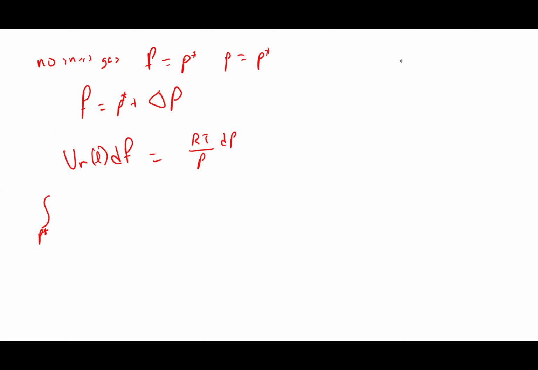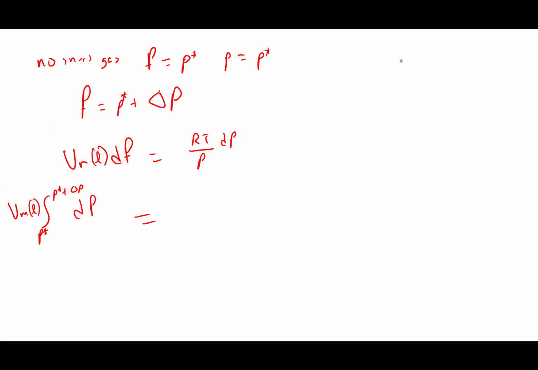We're going from the normal vapor pressure to the normal vapor pressure plus the additional pressure here. Vm we're going to assume is constant, and for a liquid it is basically constant. And then we're just going to have dP. That one's pretty easy.